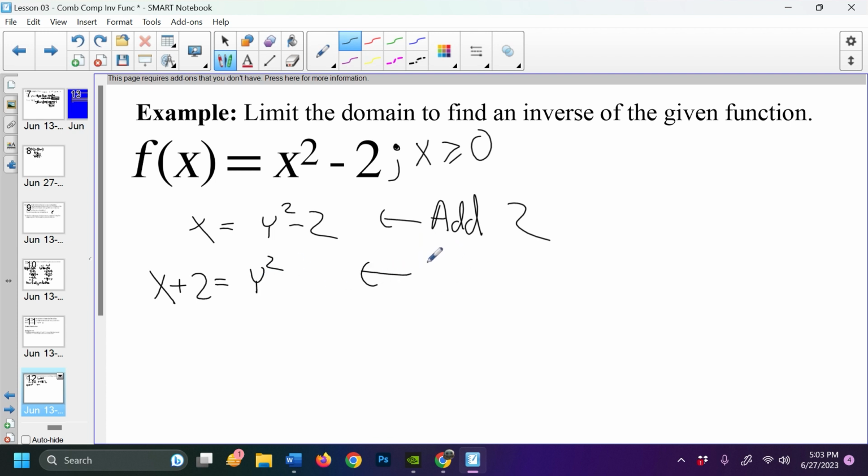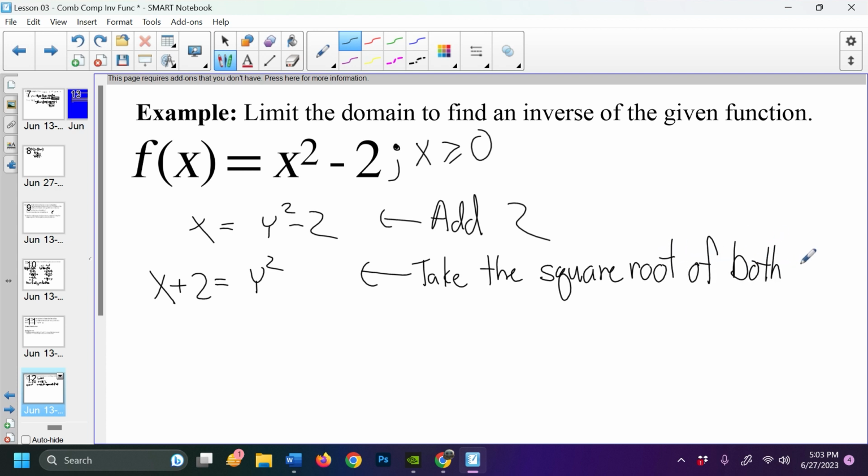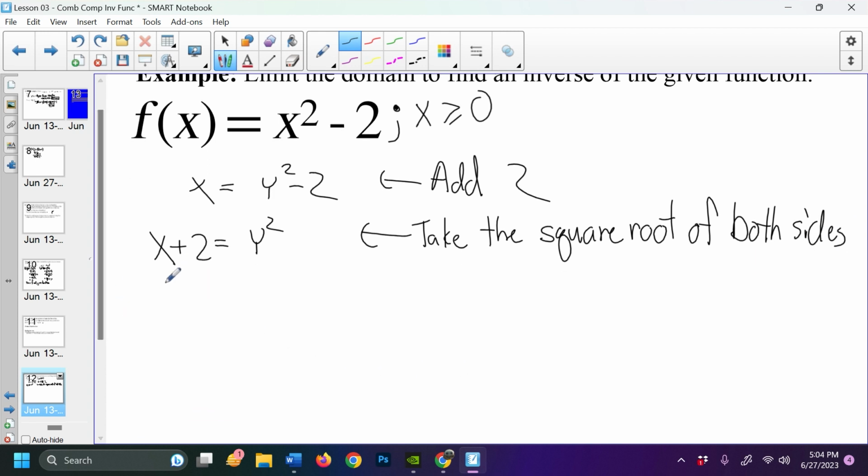And then I will take the square root of both sides. And that will give me y is equal to plus or minus the square root of x plus 2.